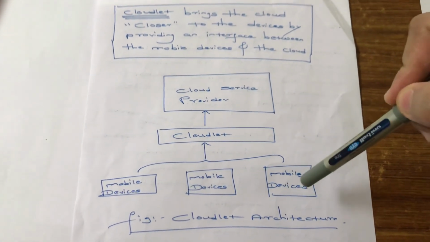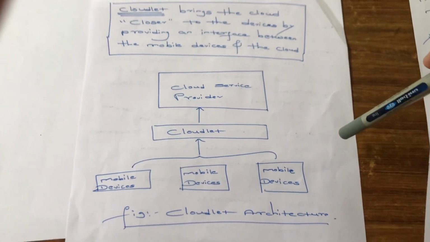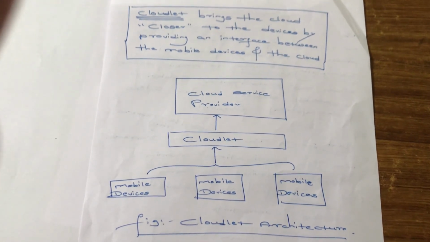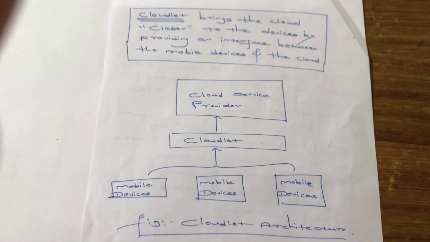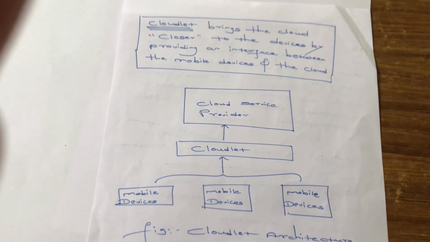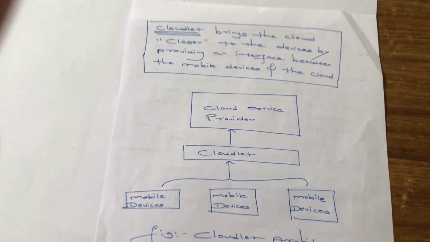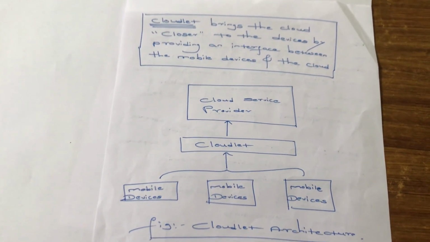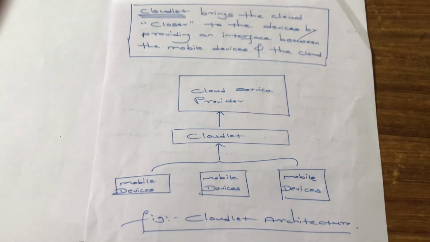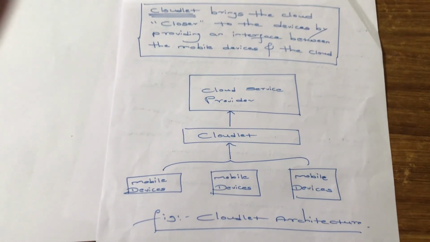So what it does is that it brings the mobile devices closer to the cloud service provider, in such a way that whichever applications are running on the mobile devices, or the different types of services that are needed for the user, you will get everything very quickly with the help of something called Cloudlet, because it reduces the latency by increasing the response time. So this is all about cloud mashup and Cloudlet.